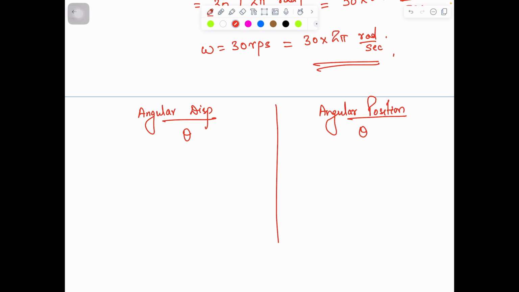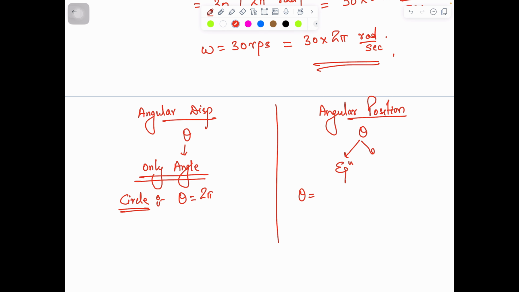See, in terms of displacement, you need to find only the angle. Okay, let's say in a circle, theta is equal to 2 pi. Fine, this is your angular displacement. But if you are looking for position, it means if you are solving the kinematic equation, let's say theta is equal to theta naught plus omega t plus half alpha t square.